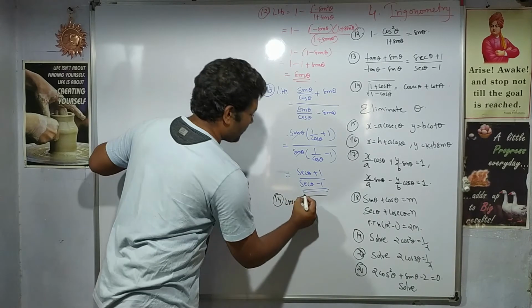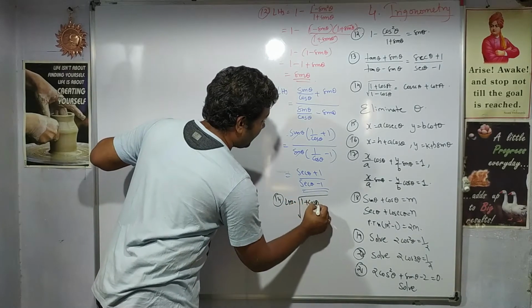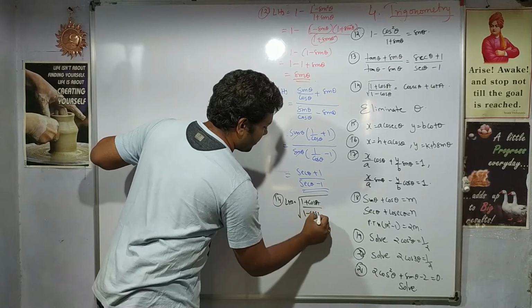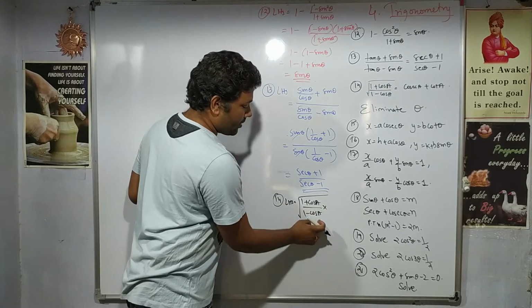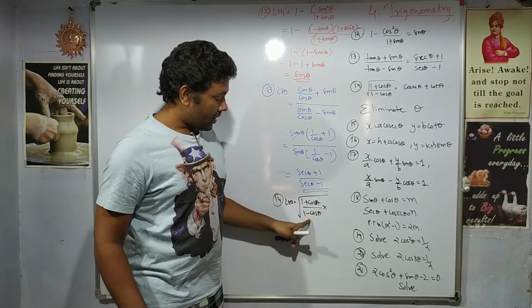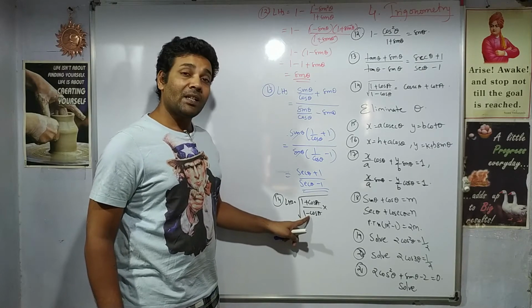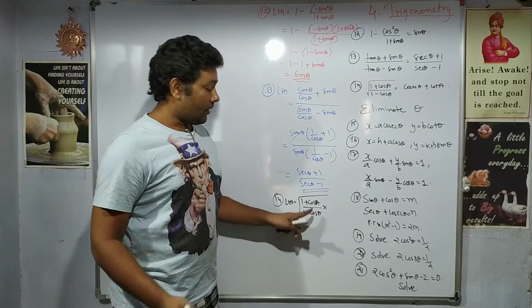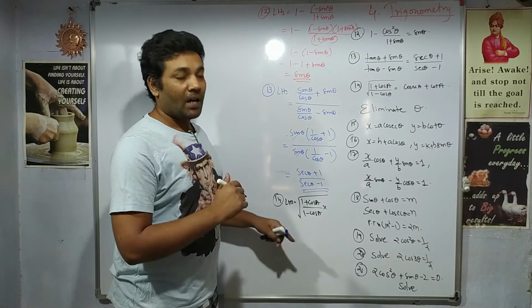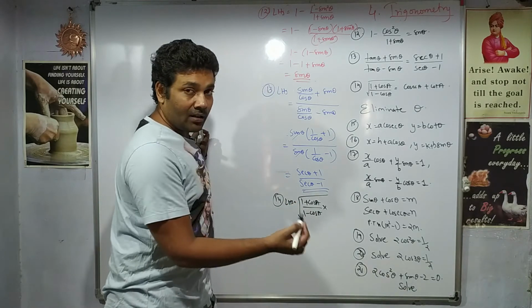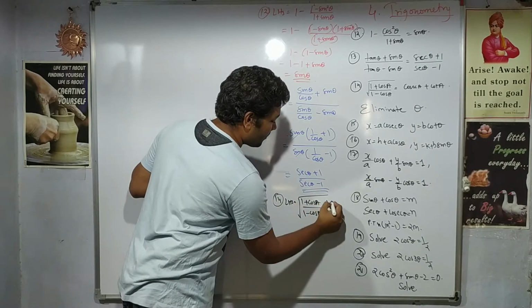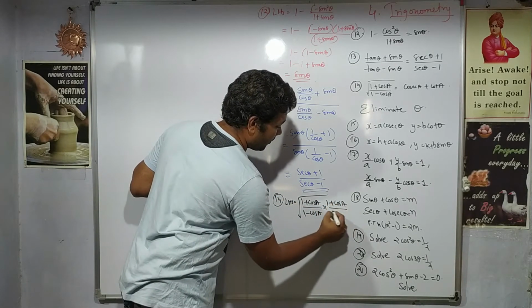Let us see. 1 plus cos a, 1 minus cos a. Conjugate means the opposite of the denominator term. Opposite of the denominator means just replace minus with plus. If it is plus, then make it minus. So here it is minus, we'll make it plus. 1 plus cos a upon 1 plus cos a.